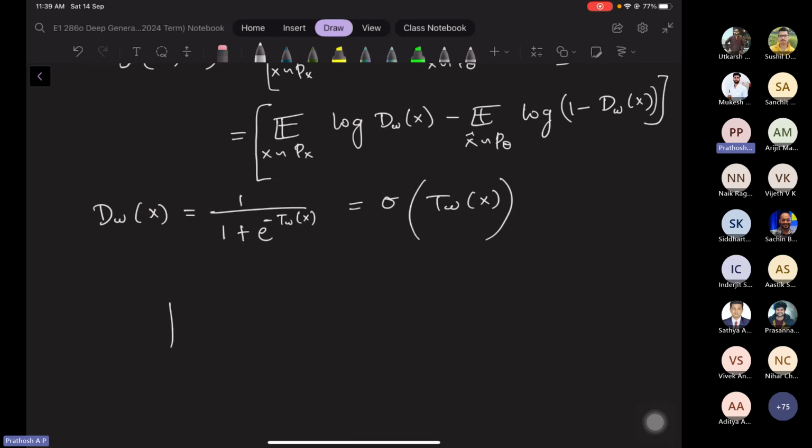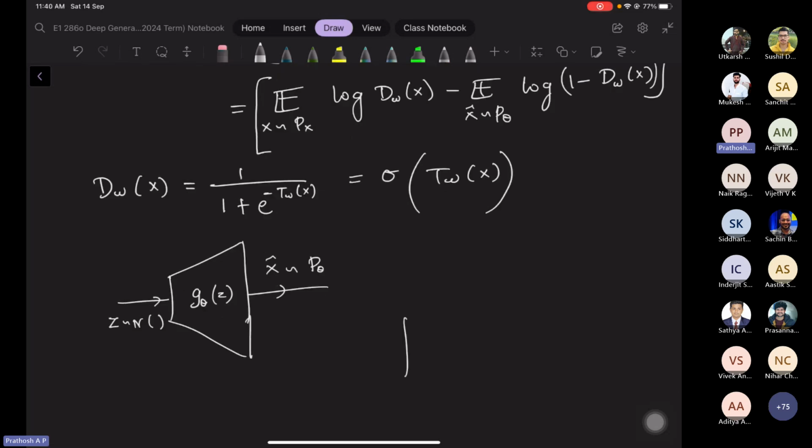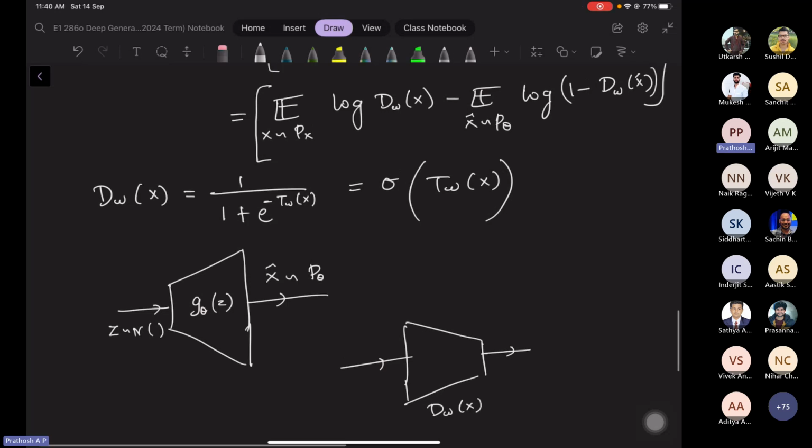So now you have a network G_theta of z that takes z as input, from normal 0, 1, and gives you x cap that is coming from P_theta. And you have another network which gives the lower bound, called D_w of x cap.